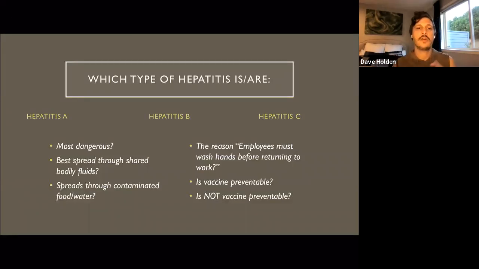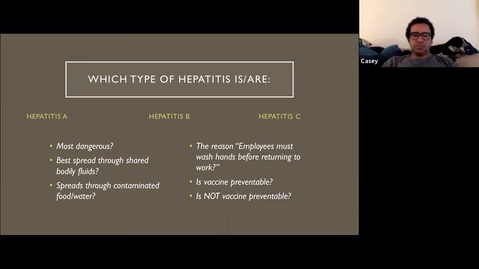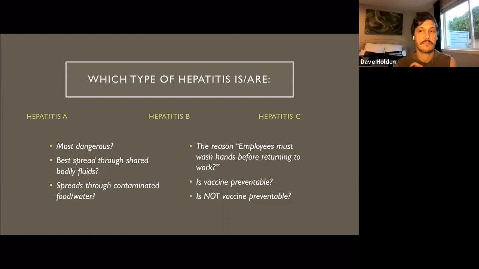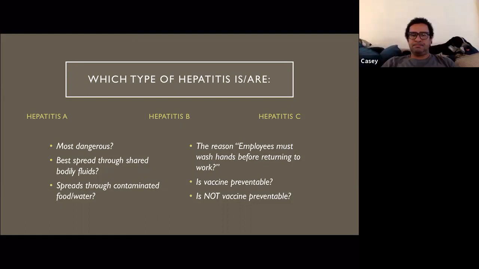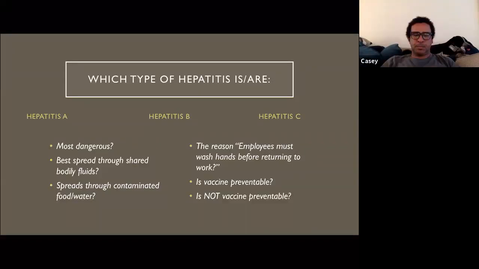All right, so between Hep A, Hep B, and Hep C, which of these is the most dangerous? Hep C. Which are best spread through shared bodily fluids? All of them. B and C. Hep B and Hep C are shared through body fluids.